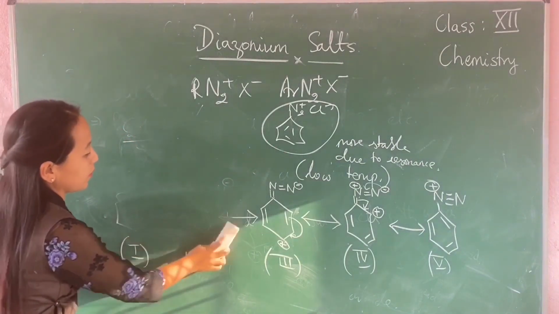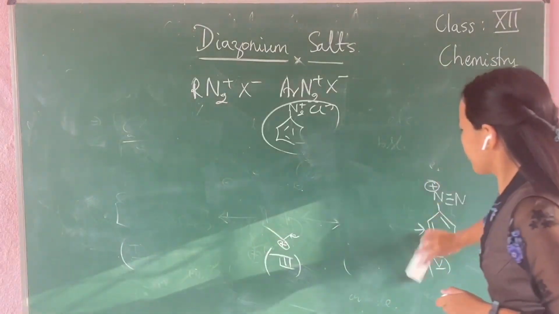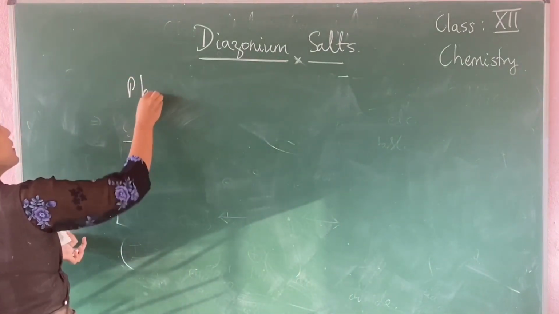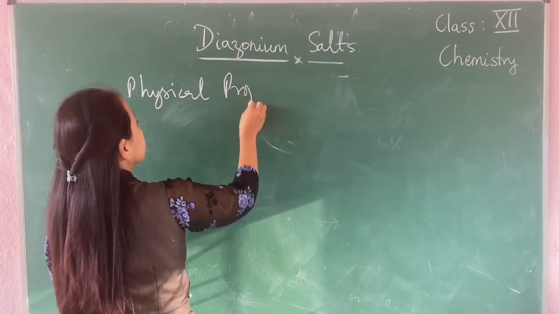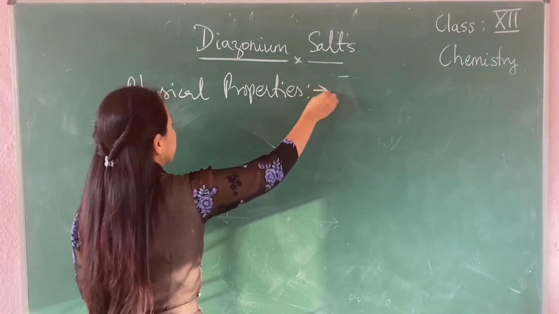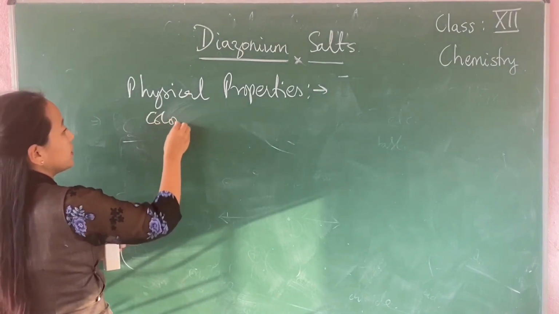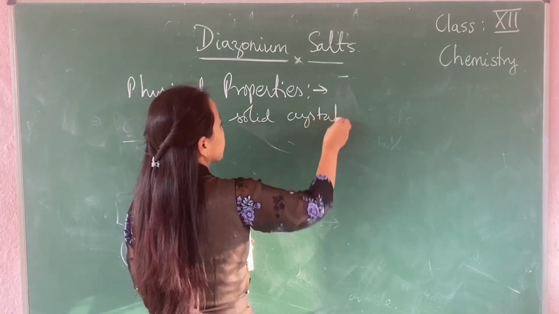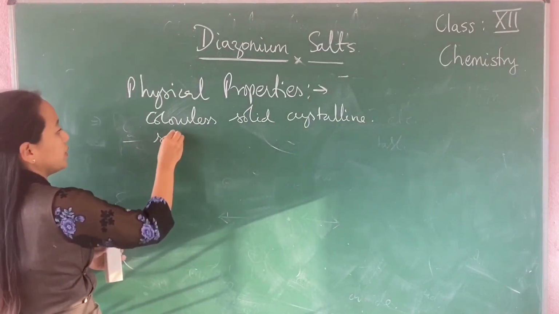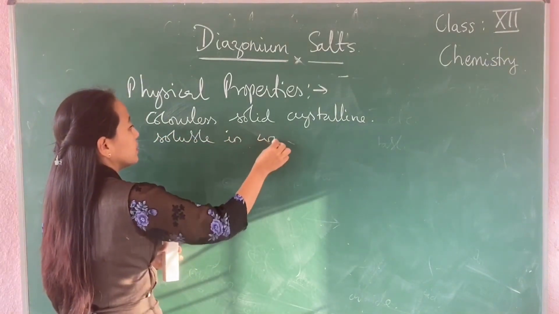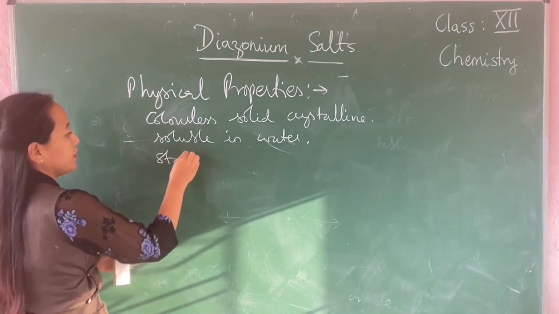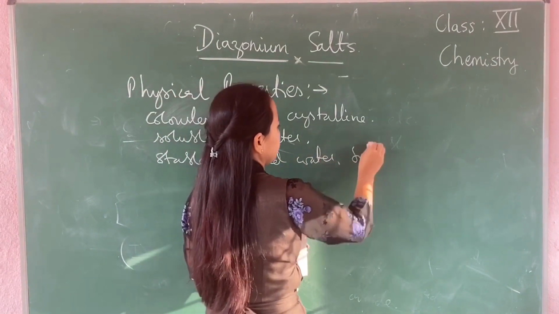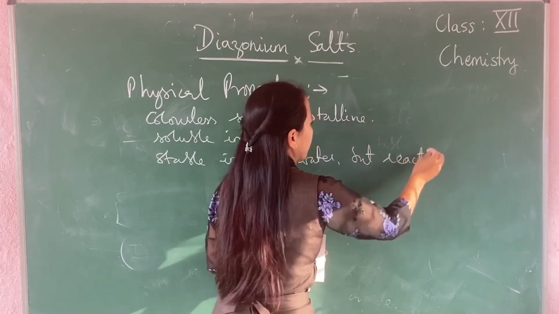Now next one is their physical properties. Okay, under physical properties, they are colorless, solid crystalline, they are soluble in water, and they are stable in cold water, but react when it is warmed.